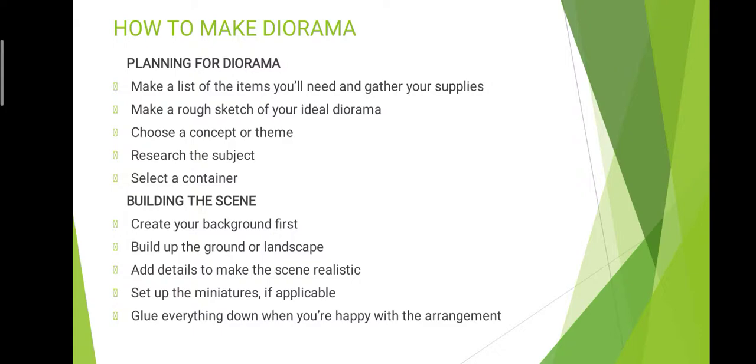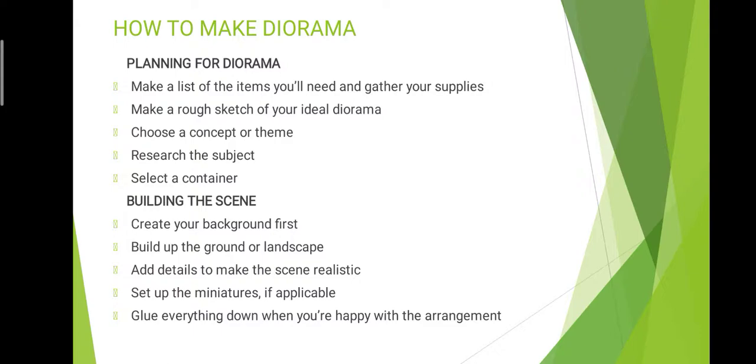And last is select a container. So before doing a diorama, you must plan first. You must make a list, make a sketch, choose an appropriate concept or theme, research regarding your concept, and select a container you'll be using.